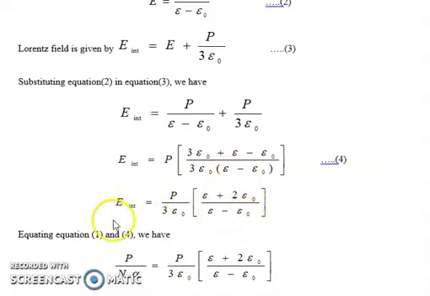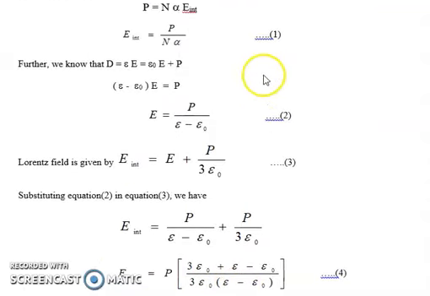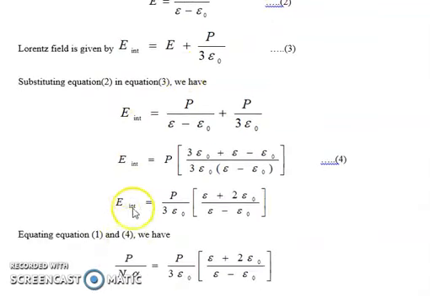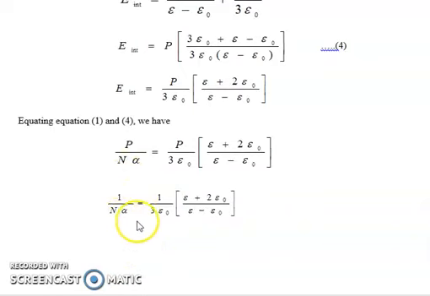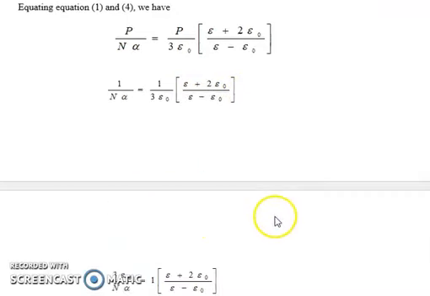Now let us substitute equation 1. E int is P by N alpha, so let us substitute this E int as P by N alpha. We have P by N alpha is equal to P by 3 epsilon naught into epsilon plus 2 epsilon naught divided by epsilon minus epsilon naught. Let us cancel this P and this P. So we will have 1 by N alpha is equal to 1 by 3 epsilon naught, epsilon plus 2 epsilon naught divided by epsilon minus epsilon naught.